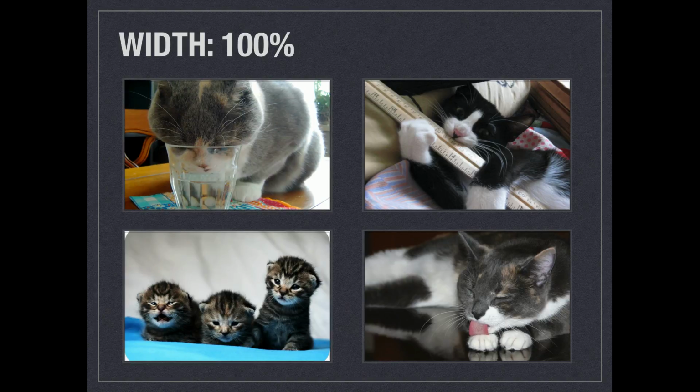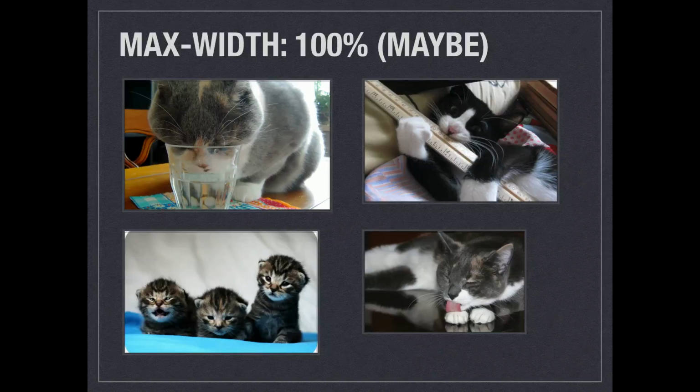We've done a lot of work so that there's not going to be any upscaling involved, right? We've figured out the different file size widths that we'll need so we don't have any upscaling. But max width 100% means we're going to fill 100% unless our uploaded image is smaller than that.